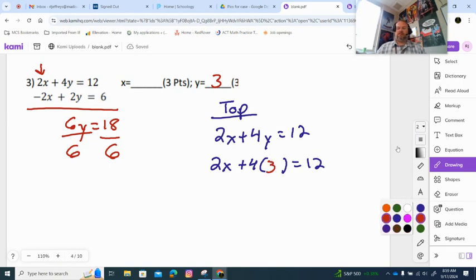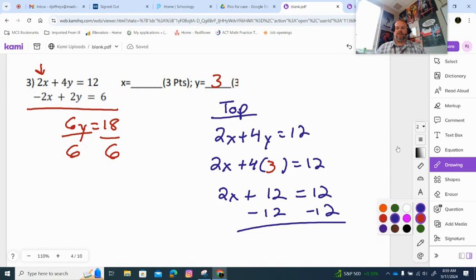So that's 3. So 2x plus... All right, so when we subtract these, move our constants, we're going to get 2x equals 0.